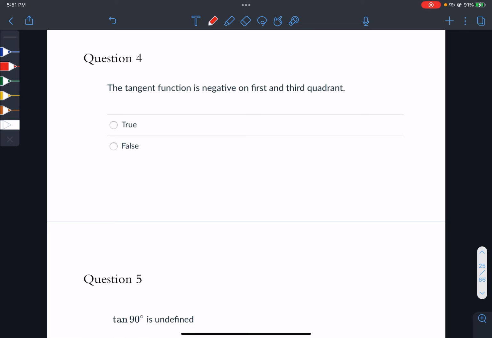Number 4, the tangent function is negative on the first and third quadrant. Remember the ACTS. Where is the tangent positive? It is positive in the first quadrant and in the third quadrant. So it says here the tangent function is negative on the first and third quadrant.